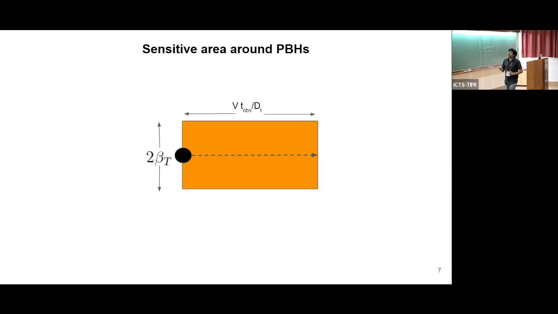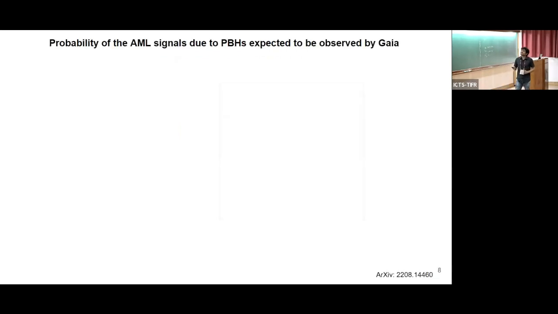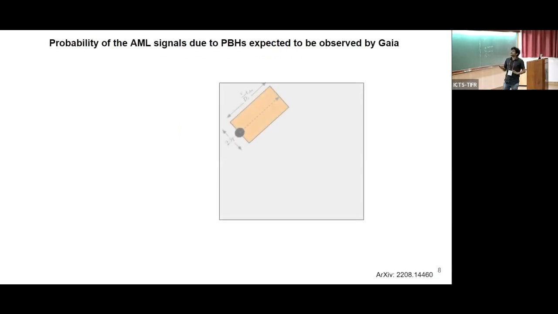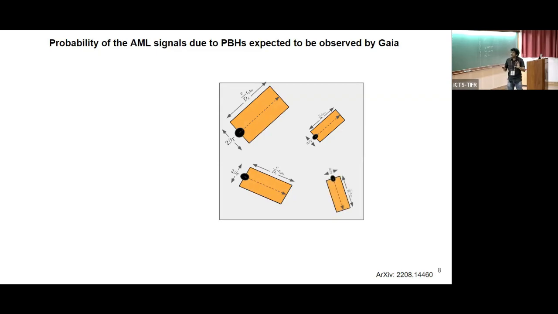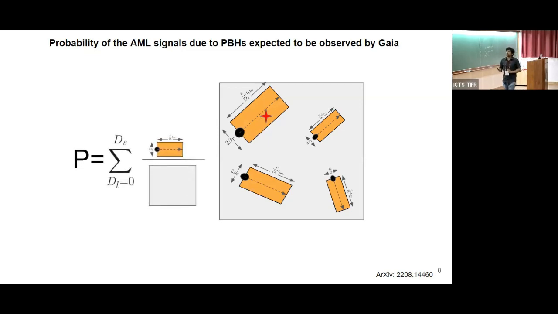So what we did is we considered a patch in the sky, and we counted in that patch how many PBHs with a particular sensitive area would lie. And then we asked, what is the probability that a star will lie in the yellow area? That is how we calculated the probability of each star to be lensed by a PBH and detected by Gaia.